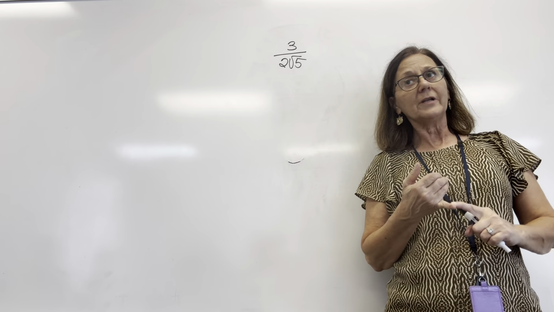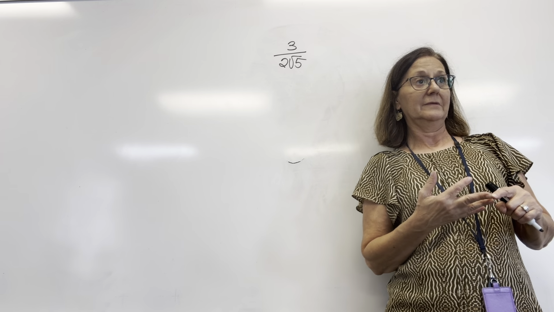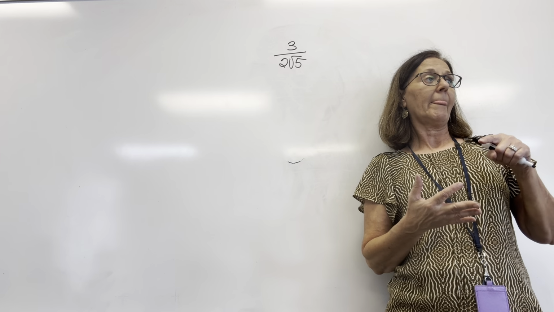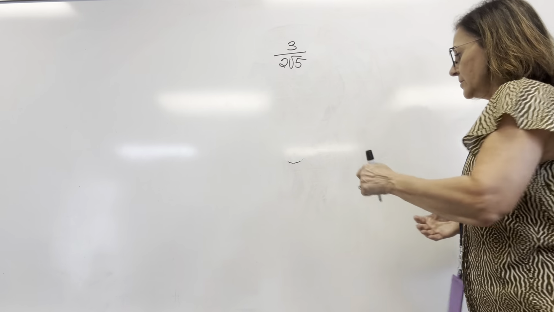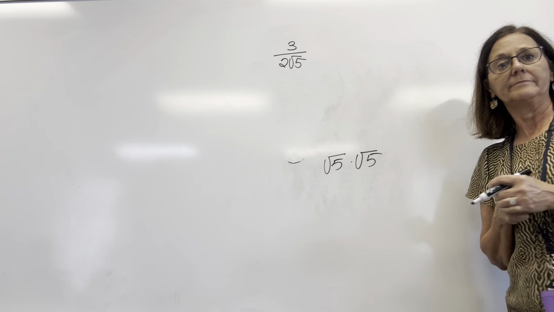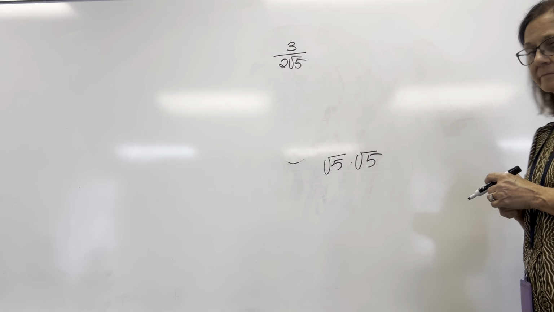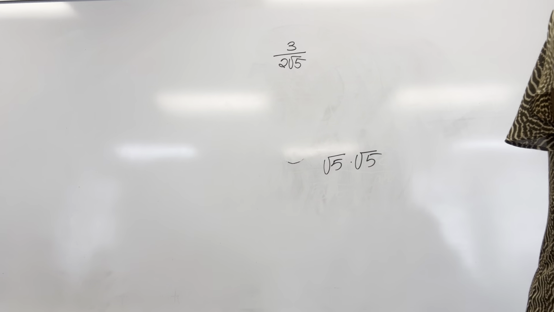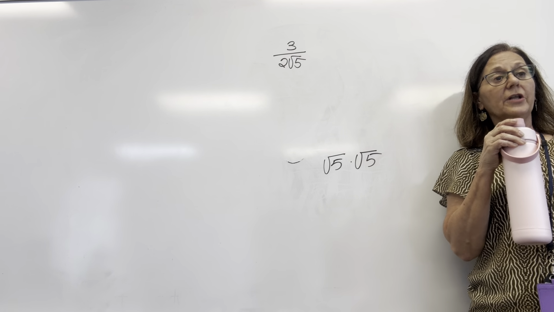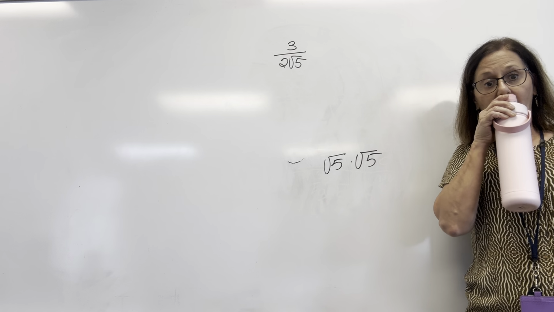An irrational number times itself always equals a rational number. So, square root of 5 times square root of 5 is what? 5. Always when we have radicals as your irrationals, we will rationalize it by multiplying by whatever that radical is.